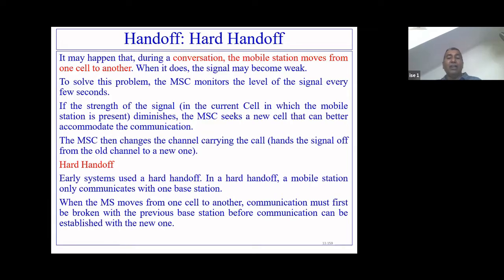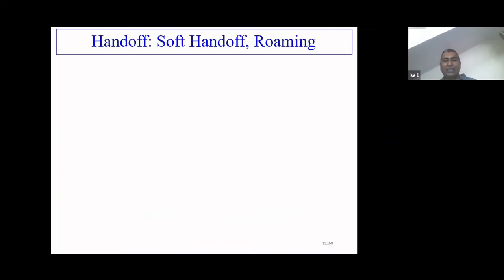So I have not established connection with the new base station belonging to the new cell, and before that I have broken the connection with the existing cell. Right, and this may create a kind of rough transition. That means the caller cannot hear the signals, nor will the receiver receive any signal.